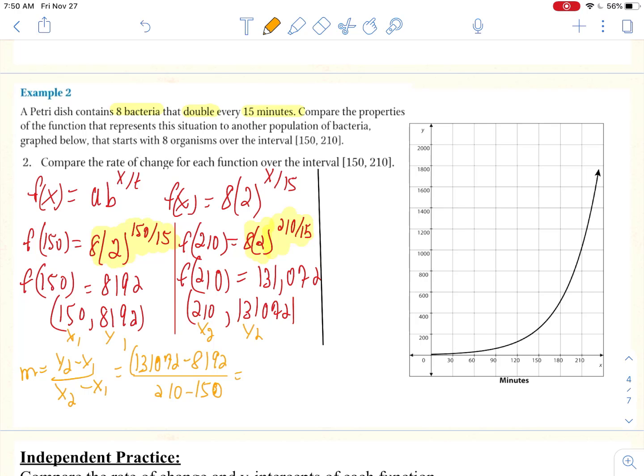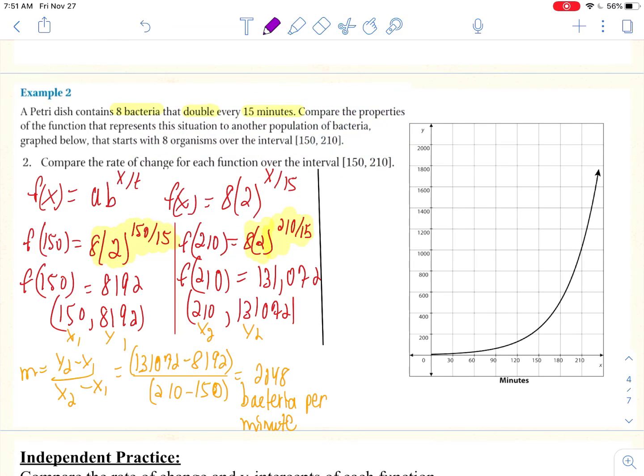If we put this in our calculator all at once, I'm going to take 131,072 minus 8,192, put that in parentheses, and divide it by 210 minus 150, which I need to put in parentheses as well, and we'll get 2,048. This time we do have units. Our units for this is going to be 2,048 bacteria per minute. So that is our rate of change given the information in our word problem.